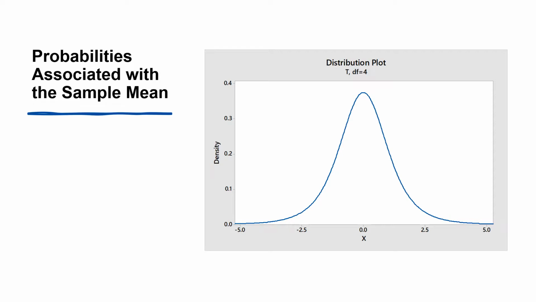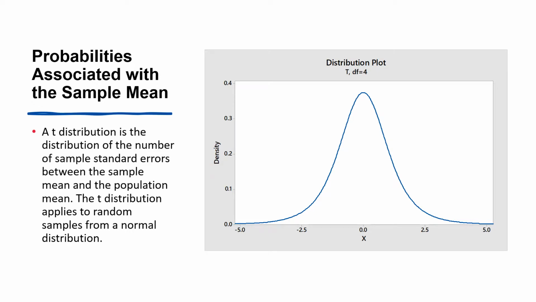The shape of the distribution is similar to the normal distribution of the z-score, but with a greater spread due to the uncertainty about the standard deviation. A t-distribution is a distribution of the number of sample standard errors between the sample mean and the population mean. The t-distribution applies to random samples from a normal distribution.